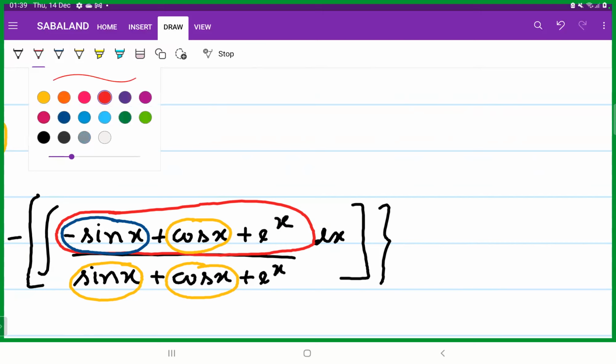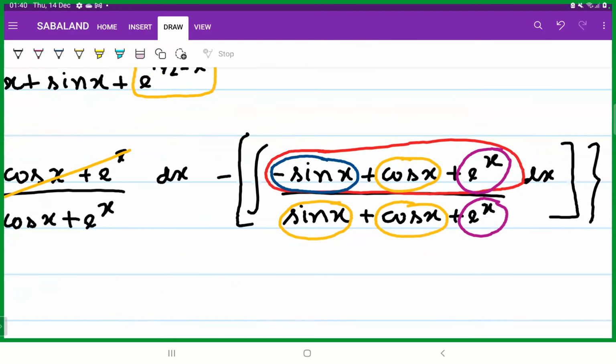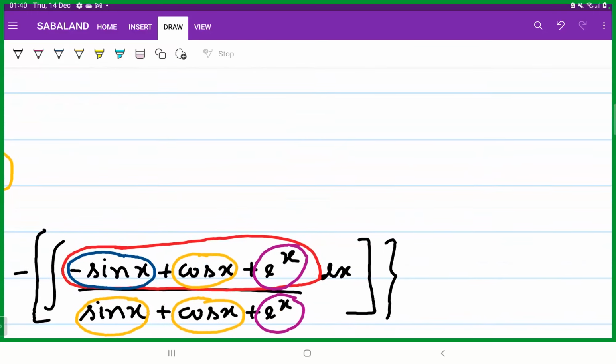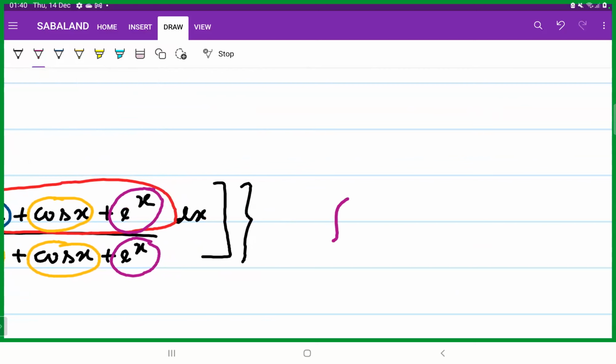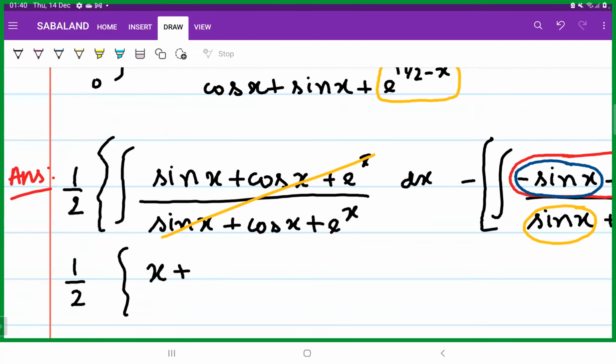And for e to the power x, the derivative is e to the power x. And when we have such a function in the form integration of f dash x by f x, the answer is basically ln of f x, the natural log of f x.